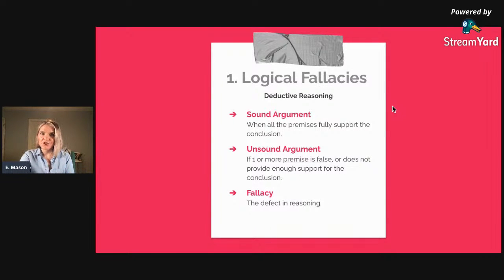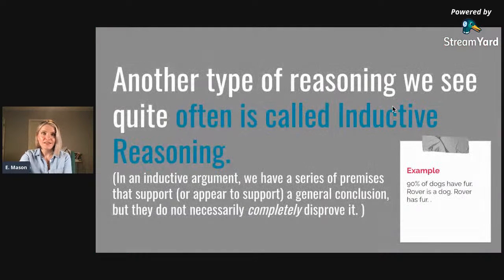You also have to think about fallacies. If it's an unsound argument, a lot of times it leads to a fallacy, and that's your defect in the reasoning and the rationale. Another type of reasoning that we see a lot is inductive reasoning.